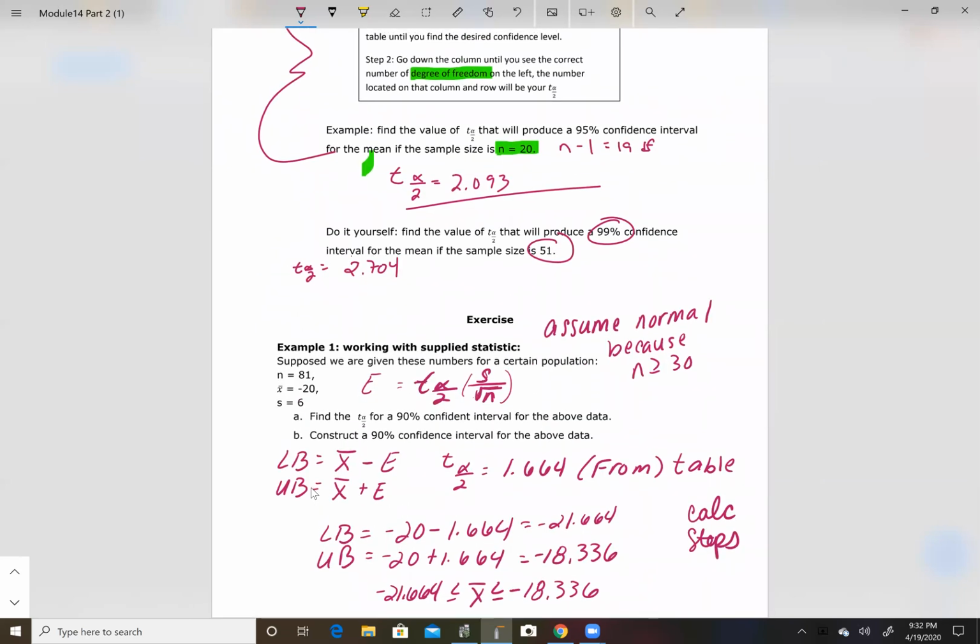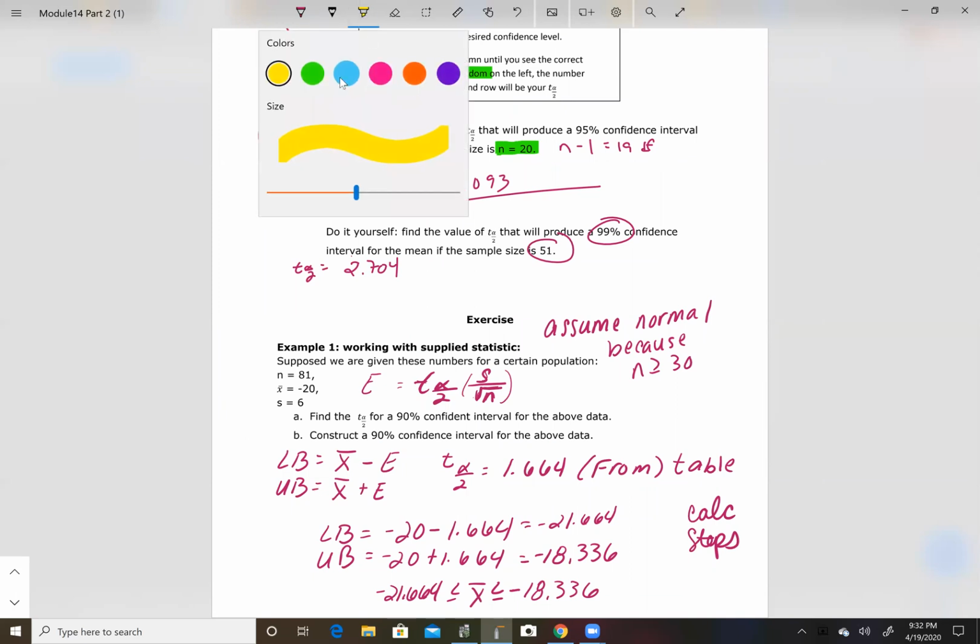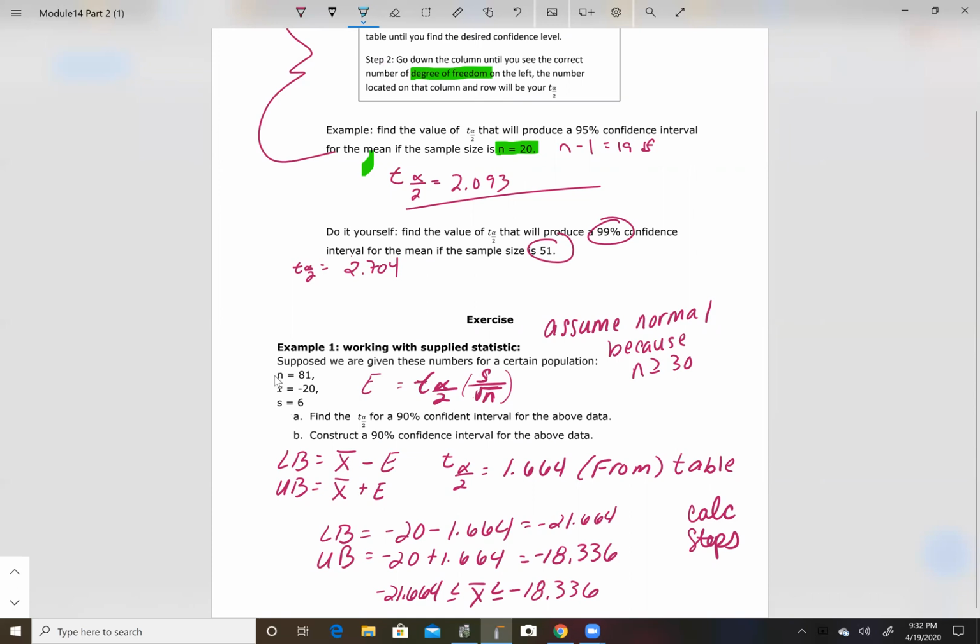Okay, suppose we are given these numbers for a certain population. Our sample size is 81, our mean is -20, and our standard deviation is 6. Our formula for the margin of error is E equals t of alpha over 2 times the standard deviation divided by the square root of 81.